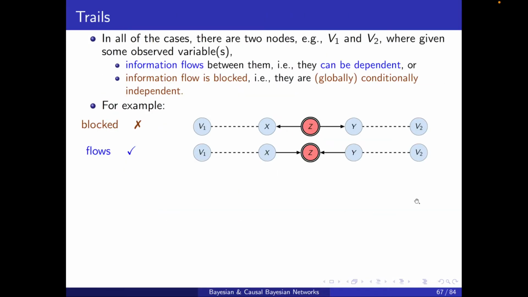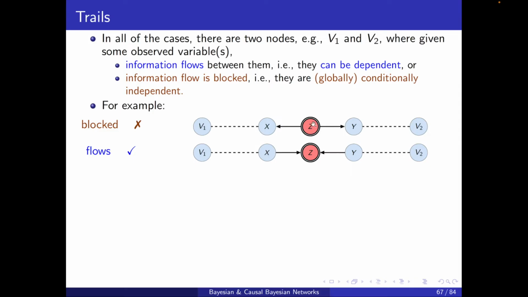Okay? Now, what did we learn? In all of the cases, there are two nodes V1 and V2. We're given some observed variables, like Z here. Either information flows between them, meaning that they can be dependent, or information flow is blocked, meaning that they are globally conditionally independent. For example, we had this case.